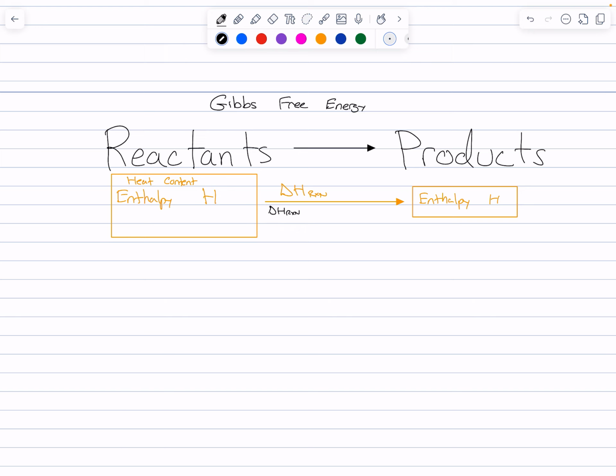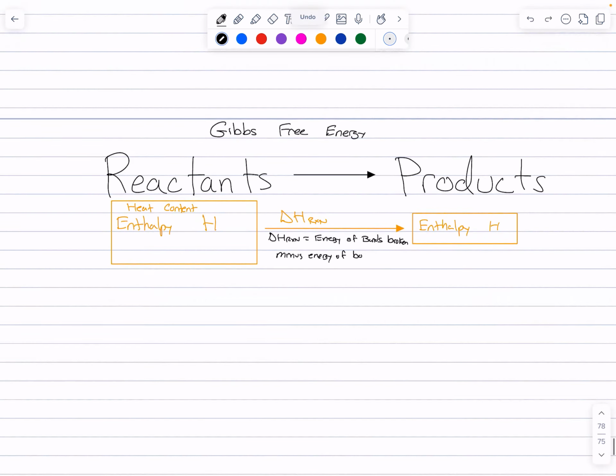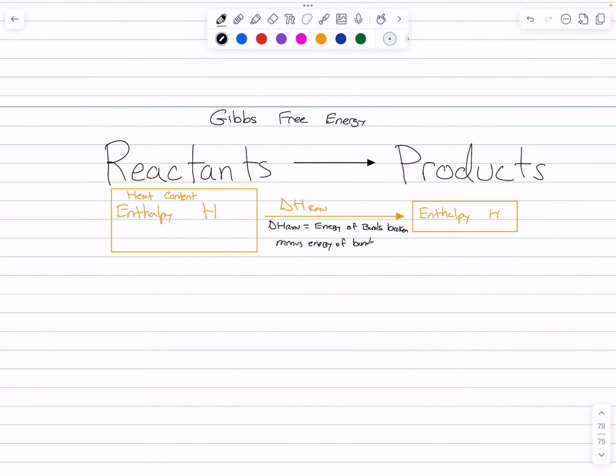If we remember, this is equal to the energy of bonds broken minus the energy of bonds formed. Or, well, I won't go right there.